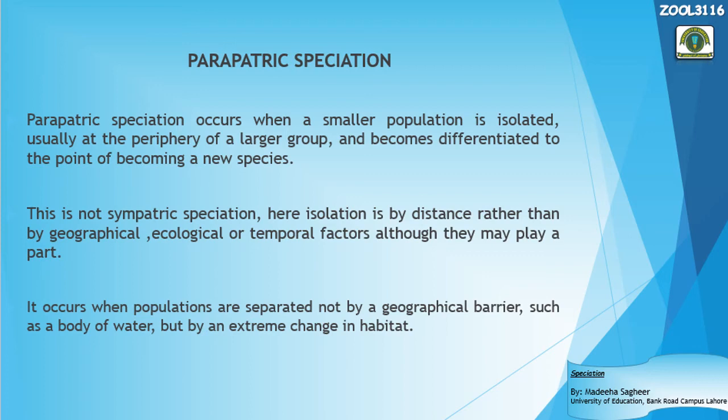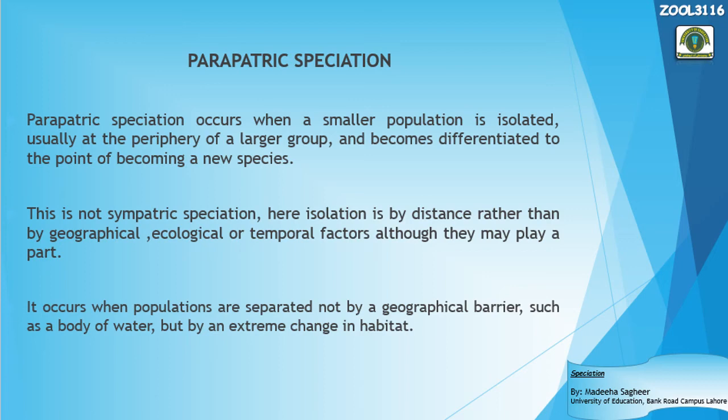Suppose in Pakistan there is a population of a particular species of insect. The insects present in the Punjab area, and insects of the same species spread throughout Pakistan and present in the Balochistan area. So there is a distance between them, right?